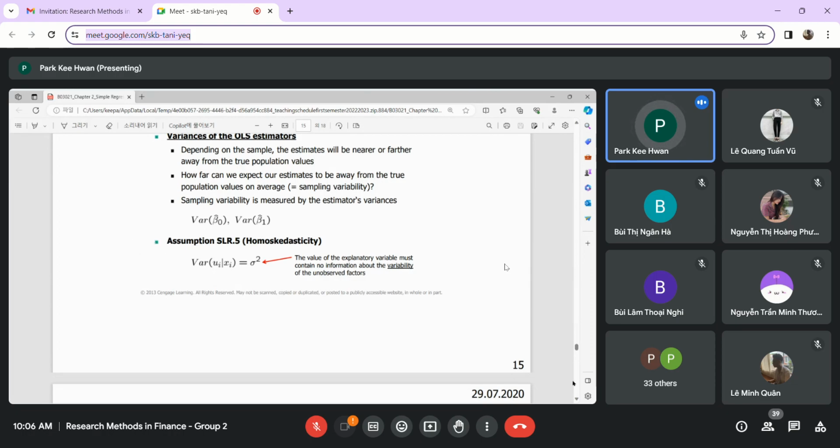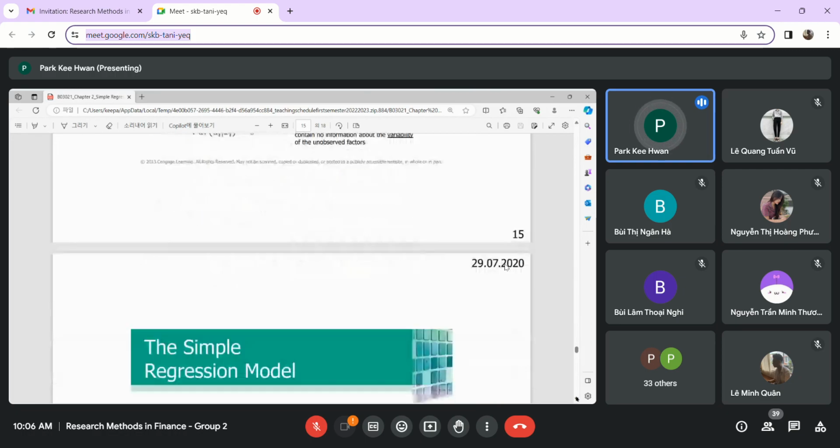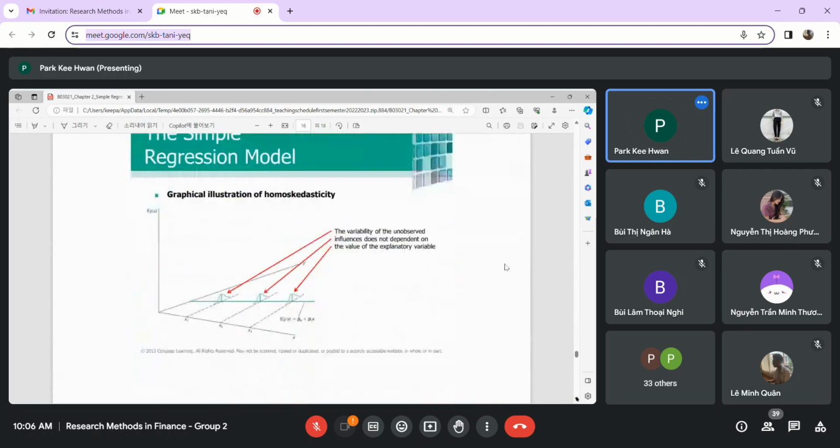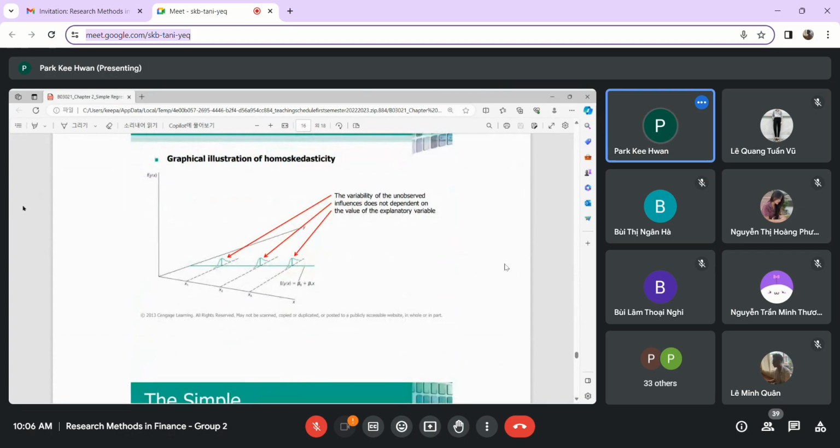Let me explain using a graph, a graphical illustration of homoscedasticity.